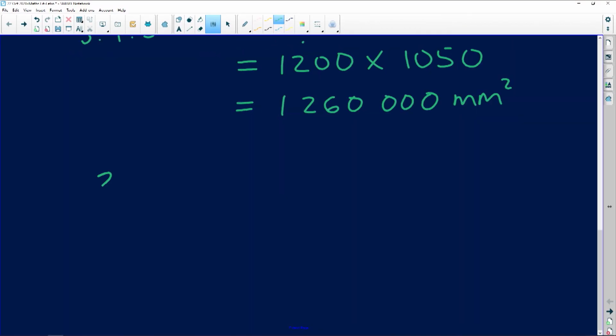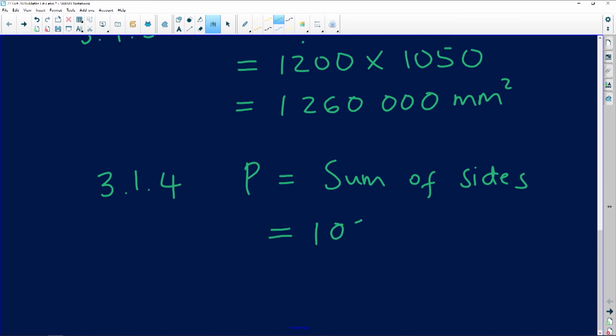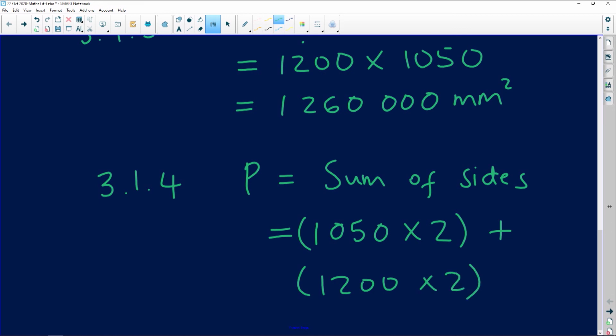Let's calculate the perimeter. They gave us a different way of representing that. Perimeter is the sum of sides. Why do you need to know your definitions? Because your definitions are going to help you. So what I can say is 1,050 times 2, because the opposite sides are equal to each other, plus 1,200 times 2.